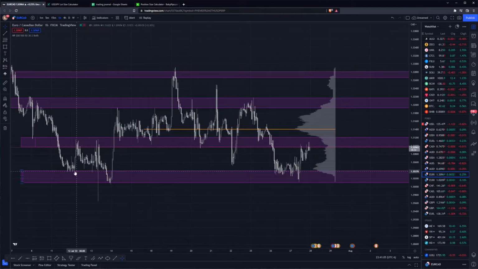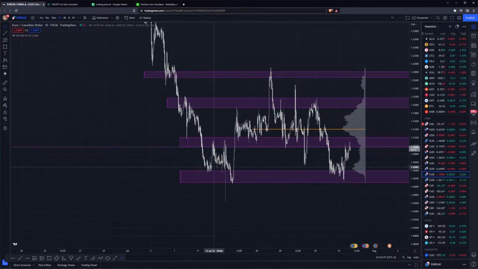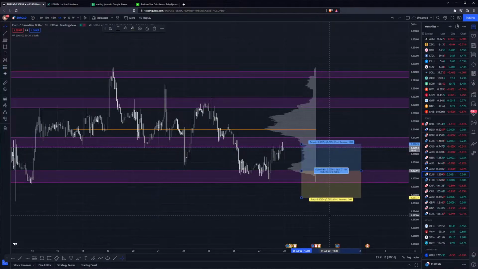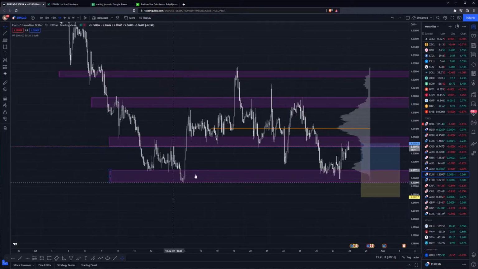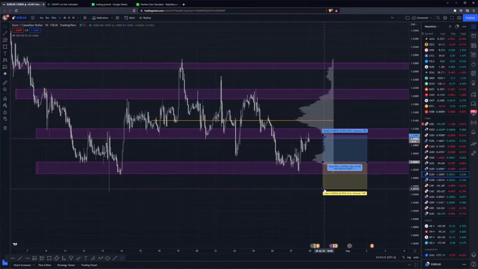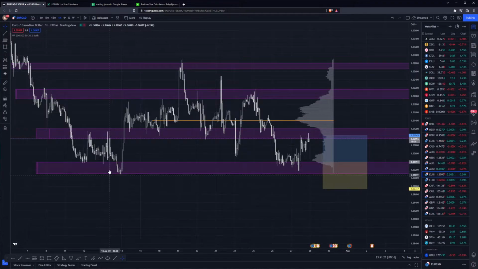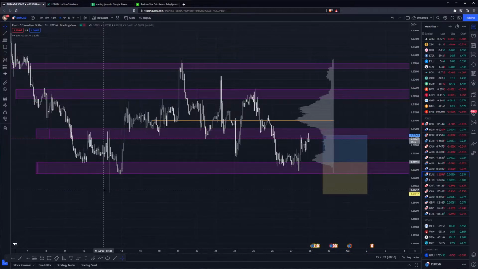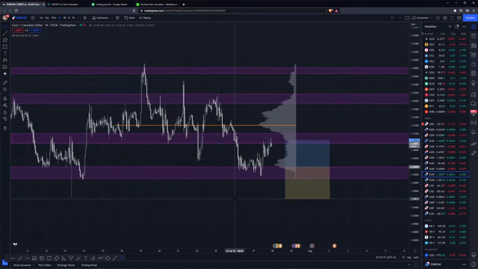If you believed in the support zone here, we could go ahead and put a long. What I do is put the entry right at the top of the zone, and I pick a stop that normally makes sense. I mean, we have this huge pin down here. I normally like to stick my stop somewhere below the lowest low.